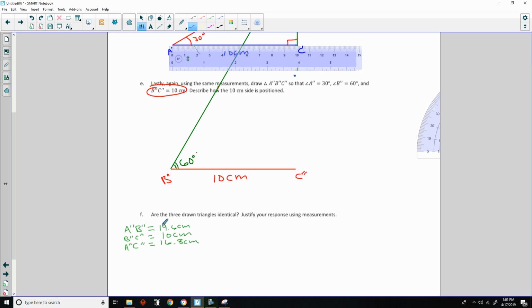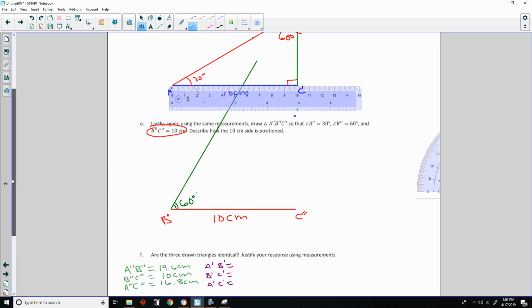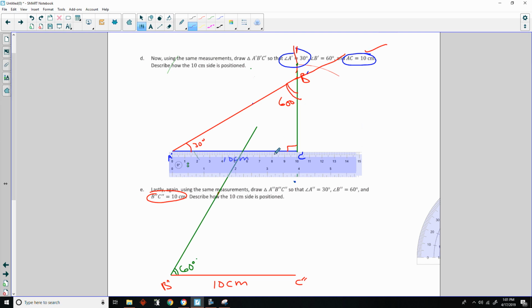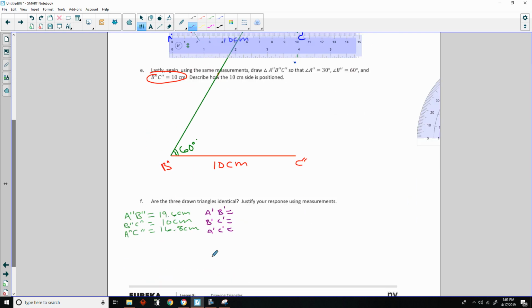A double prime, B double prime, so I want A prime, B prime measurement, I want B prime, C prime, and I want A prime, C prime, and that's from part D. And A prime, C prime was the given 10 centimeters. So this was 10 centimeters this time. Okay, now I need AB and BC.